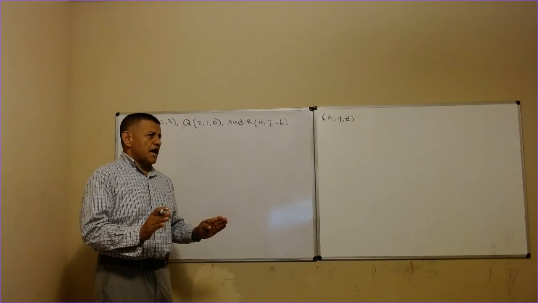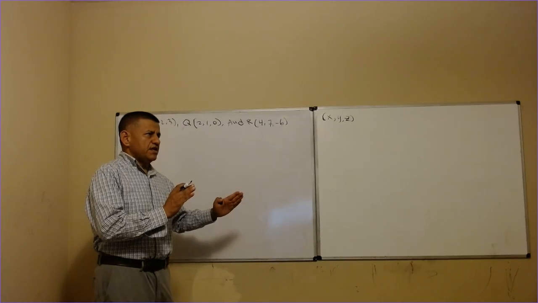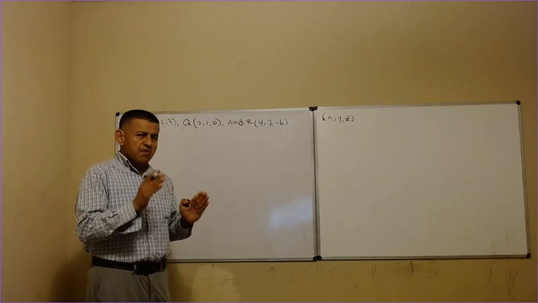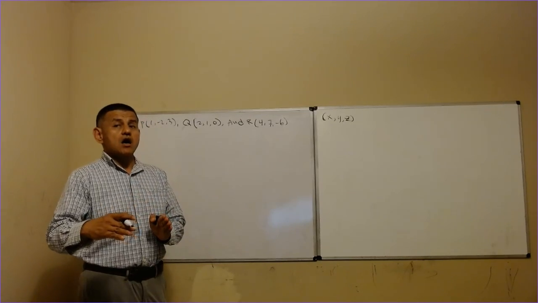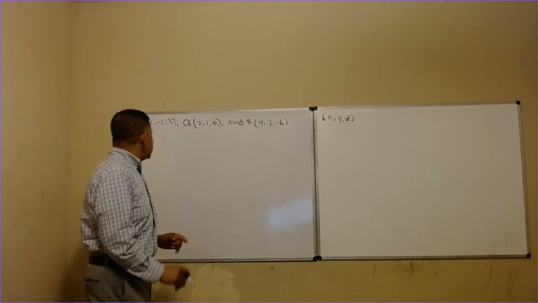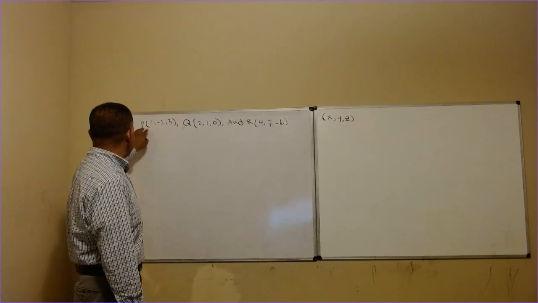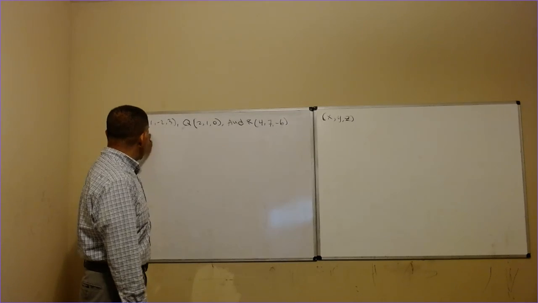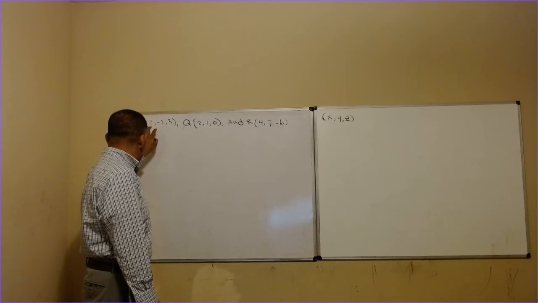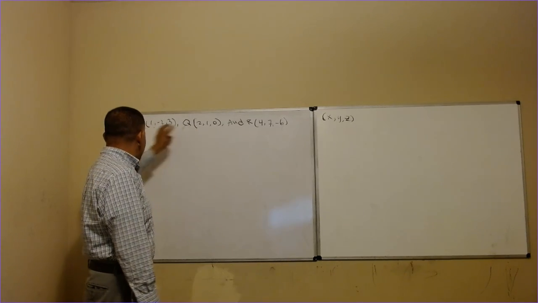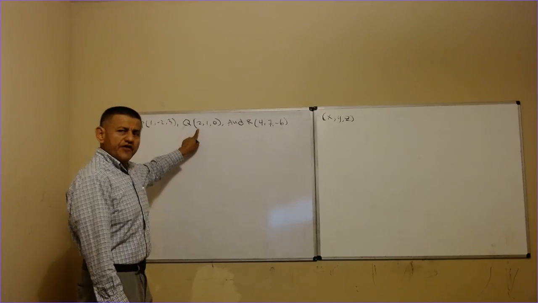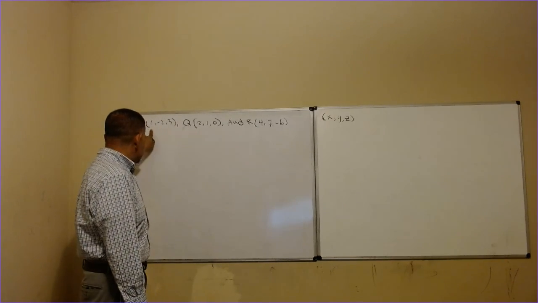Because I am basically doing the final position of a point minus the initial position of that point, right? So in this case, if I want to find the vector between P and Q, then obviously Q is my final point and P is my initial point.